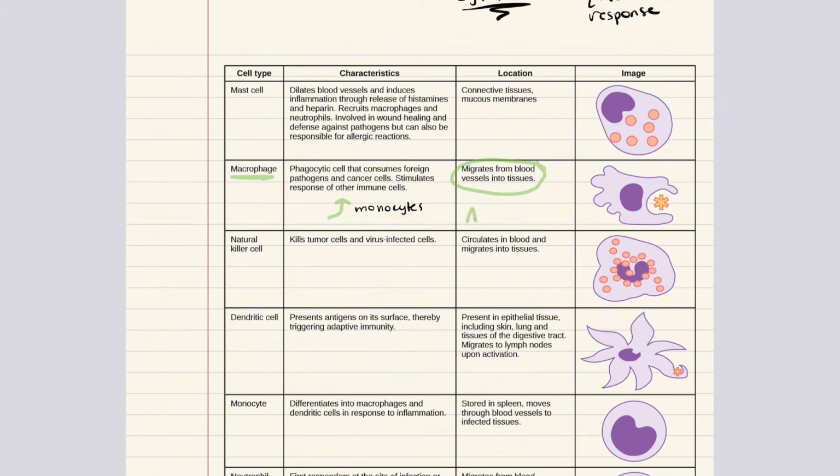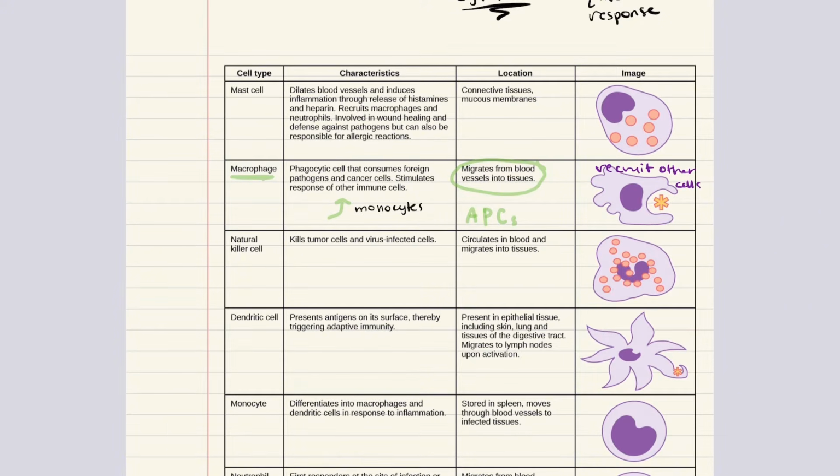They also act as antigen-presenting cells, displaying antigens on their surface using MHC molecules to activate the adaptive immune system. In addition to destroying pathogens directly, macrophages release signaling molecules that stimulate and recruit other immune cells to the site of infection.